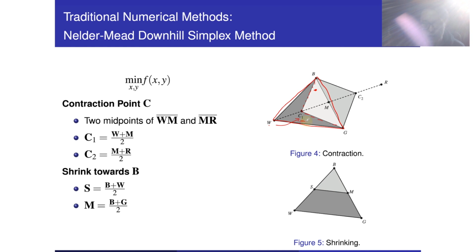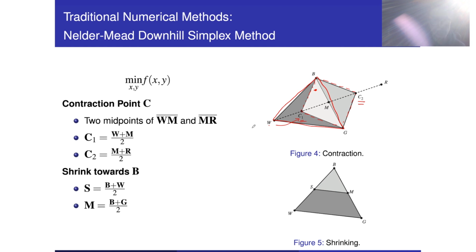Instead of C1, we can use C2. That means this large triangle becomes this one. Which one is better? We do not know. So we only provide two options here: either bring W to C1 or W to C2.